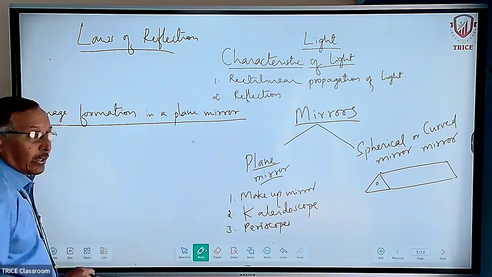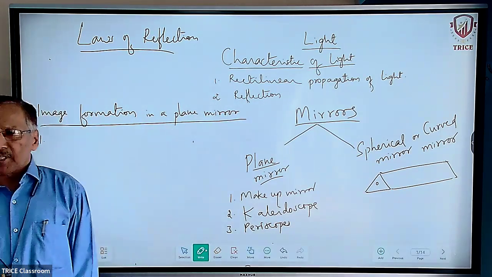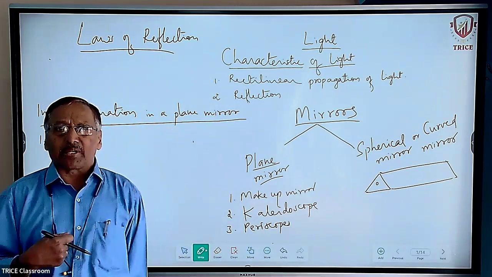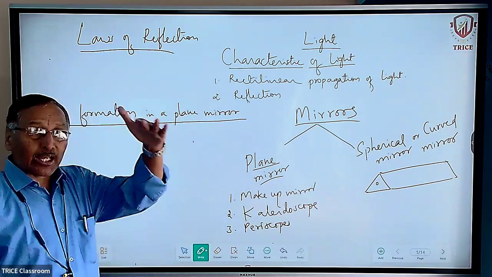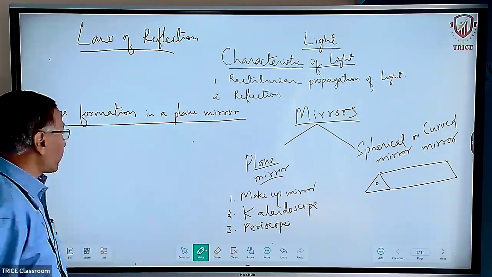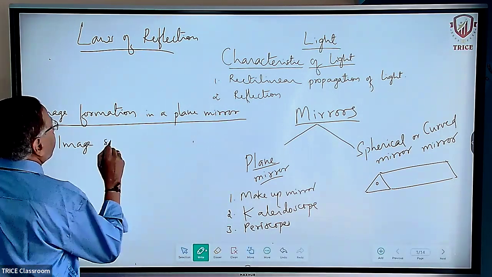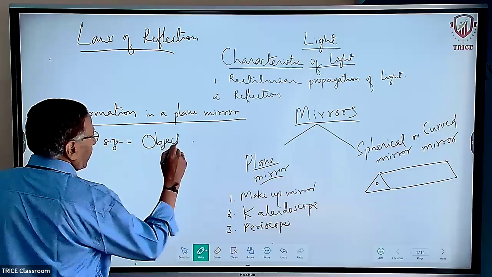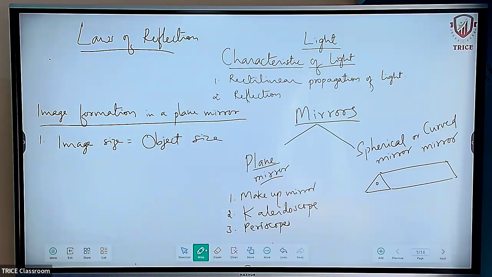Firstly, when we stand in front of the mirror, the size of image will be equal to the size of the object. When I stand in front of the mirror, my image will be of the same size, neither small nor big. Image size is equal to object size, same size of the image.